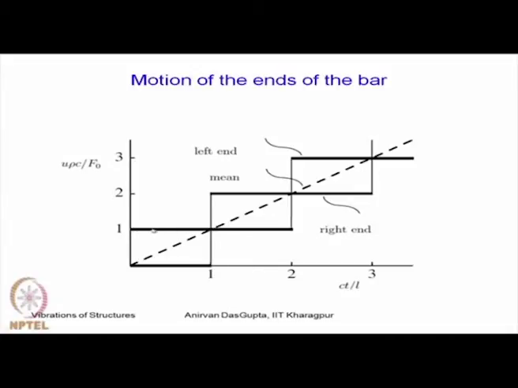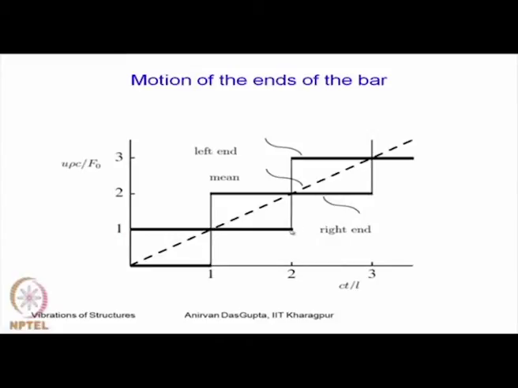The left end of the bar remains displaced at a constant value, as we have seen just before. The right end of the bar does not know until time L over c, when the right end knows that there is a displacement front. So, it gets displaced twice this distance and it stays here. This is the right end of the bar.